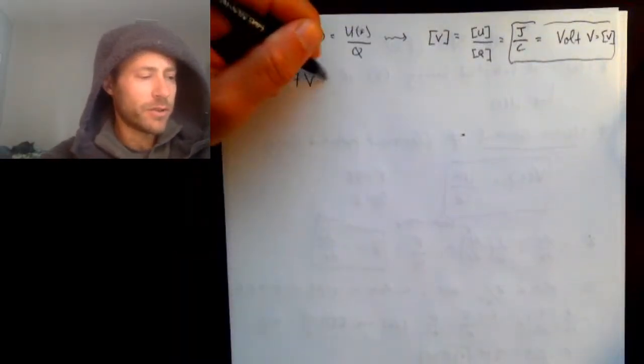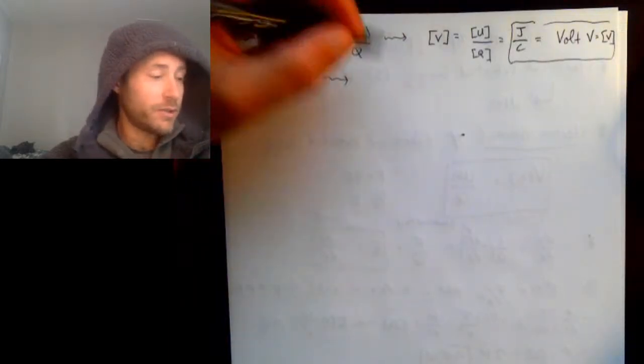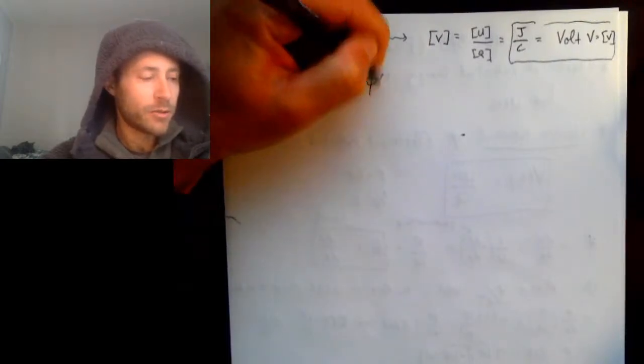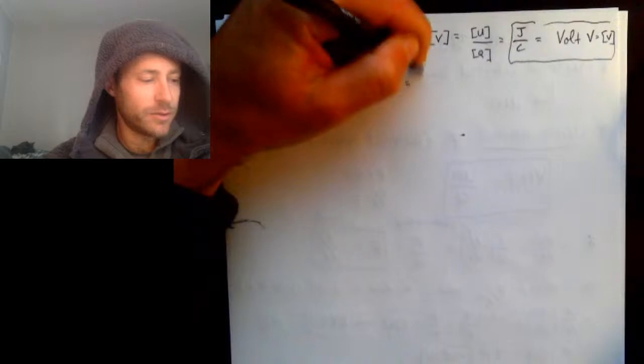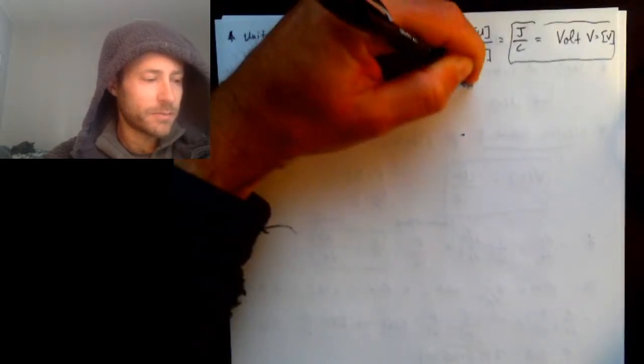If I really think it's going to be confusing, I might use an alternative symbol, which is the Greek letter phi. So I might say phi of x is U over q sometimes.